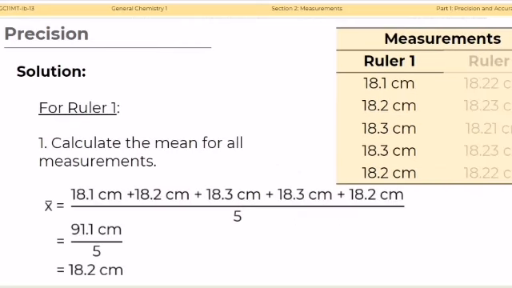For ruler 1, calculate the mean of all measurements.